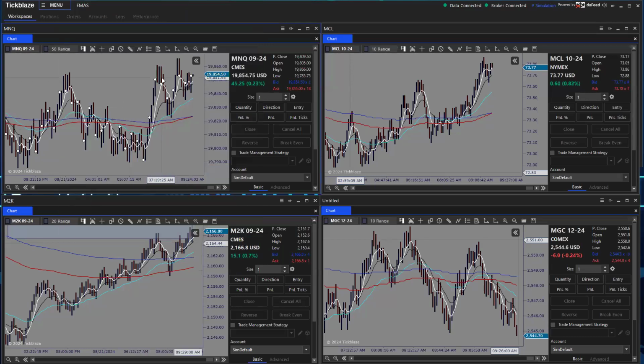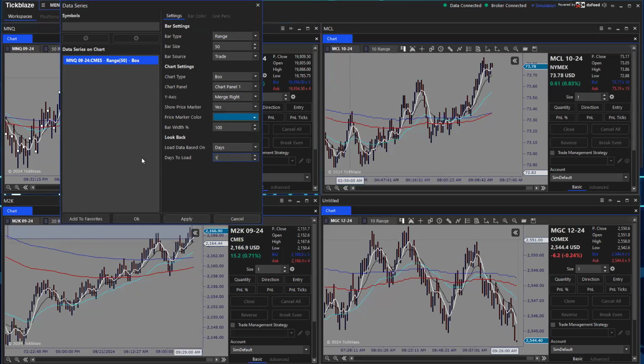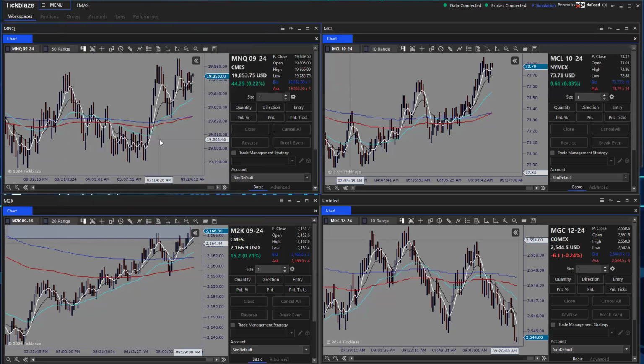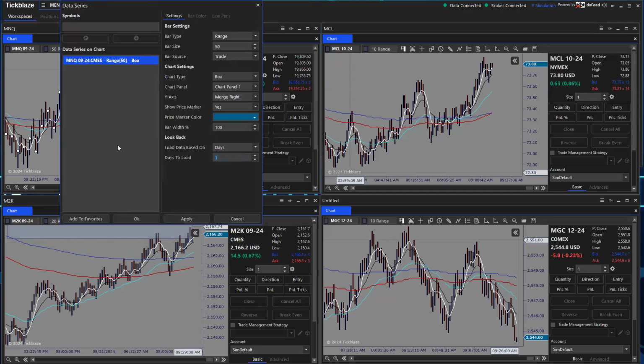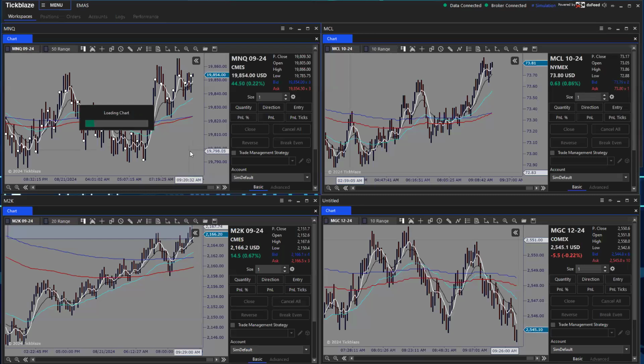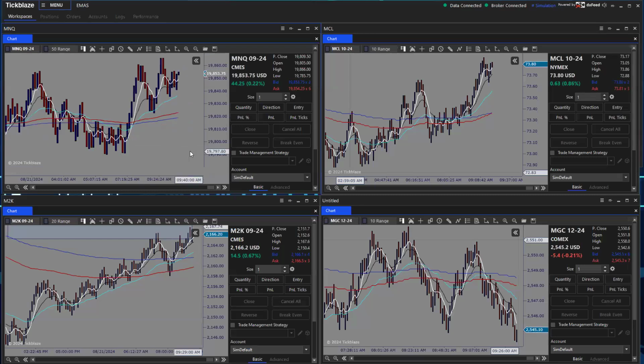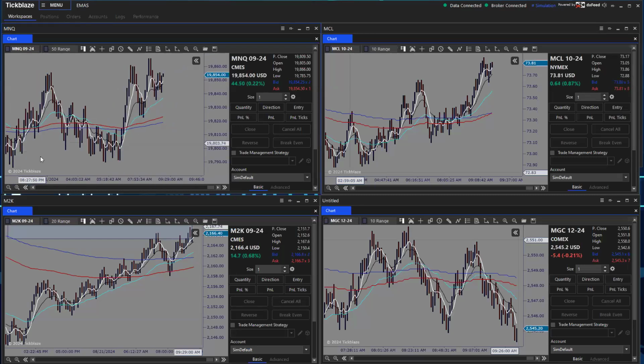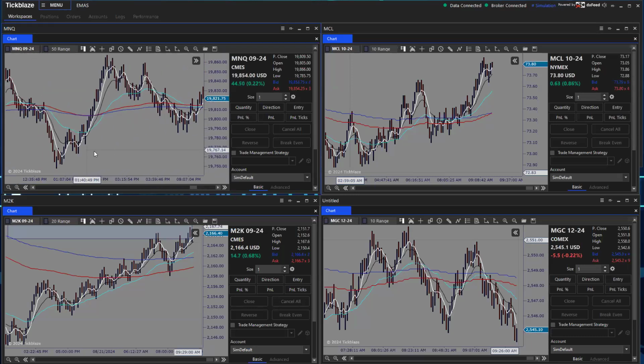Let me make sure I have enough days loaded. That could be an issue, actually, because if there's not enough candles on the chart, then it won't correctly calculate.